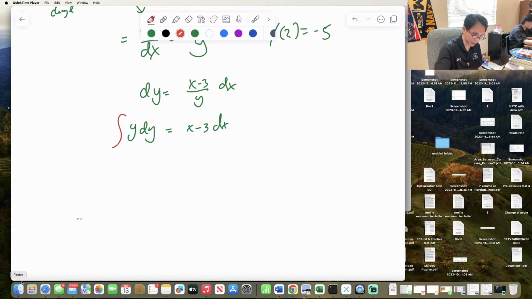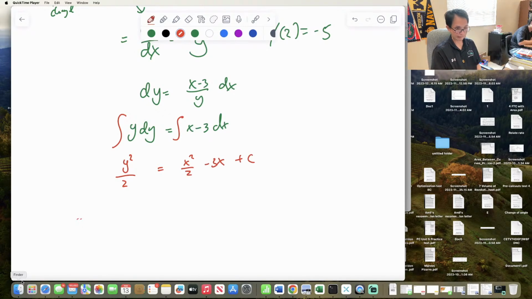So I'm going to integrate this. That's going to be y squared over 2 equals x squared over 2 minus 3x plus c. I'll multiply by 2. Now remember, the c is not changing, right? It's still going to be the same c.